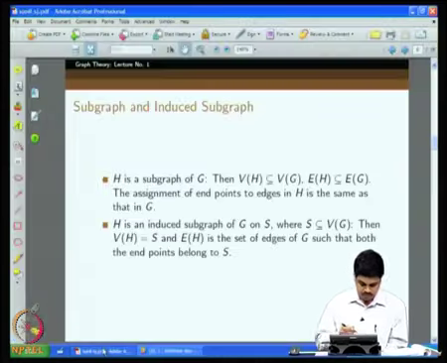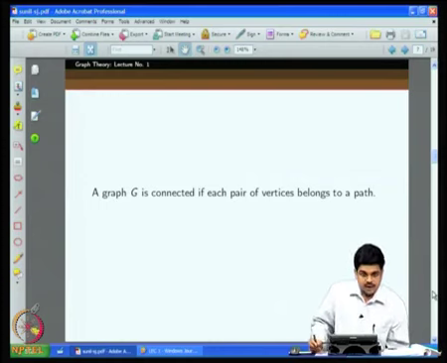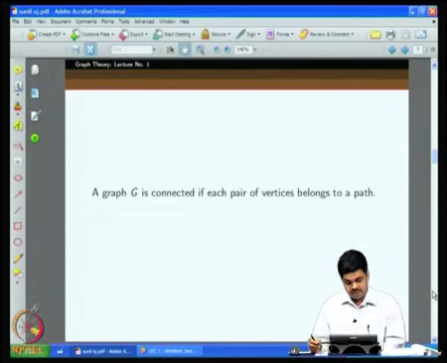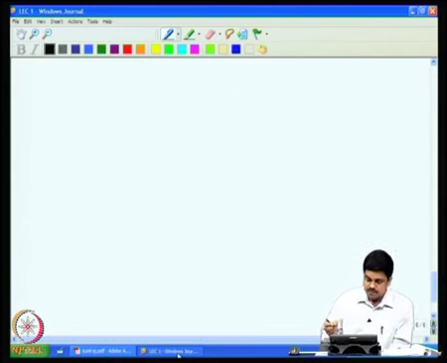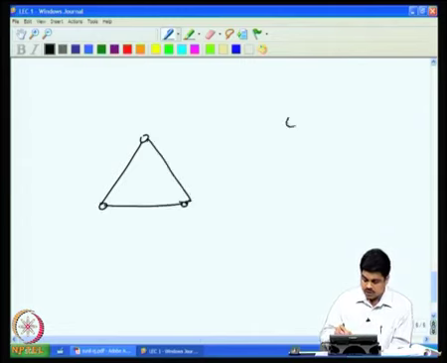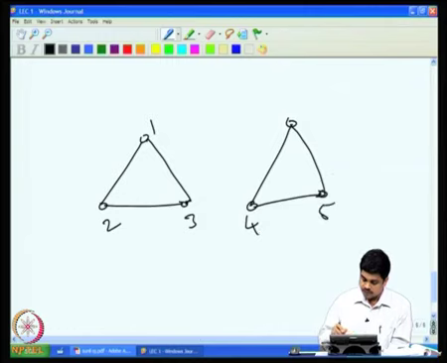Now, the next one is the notion of a connected graph. We say that a graph is connected if each pair of vertices belongs to a path. That means, suppose we consider this simple graph. Here there are 6 vertices: 1, 2, 3, 4, 5, 6.